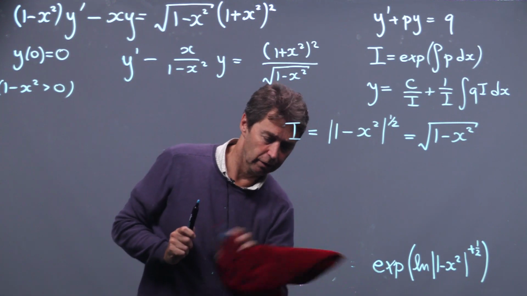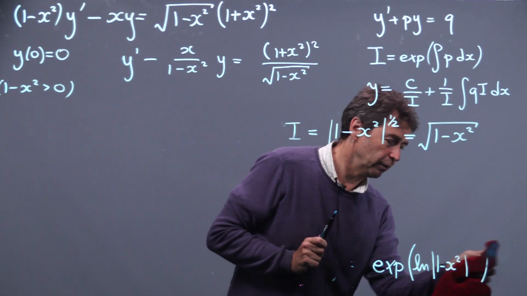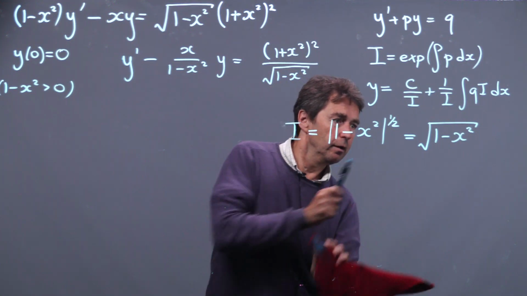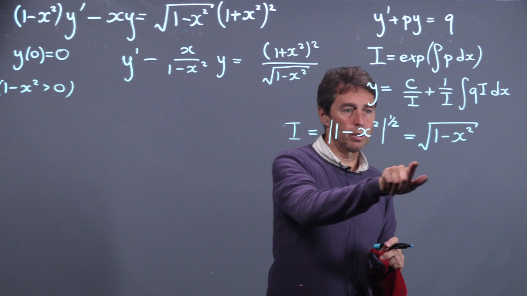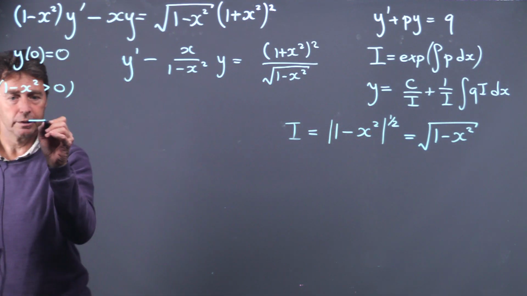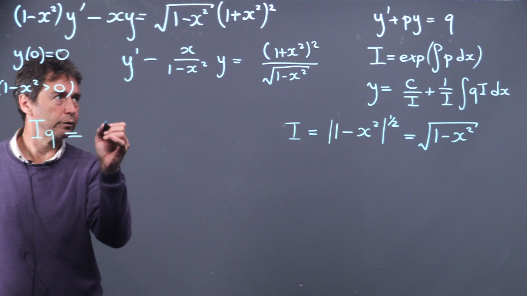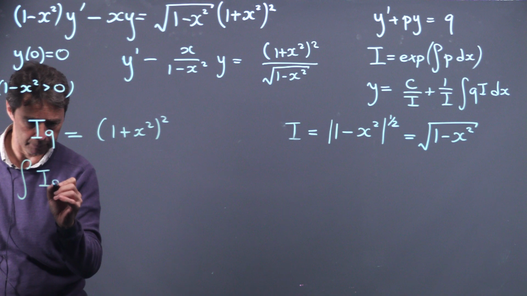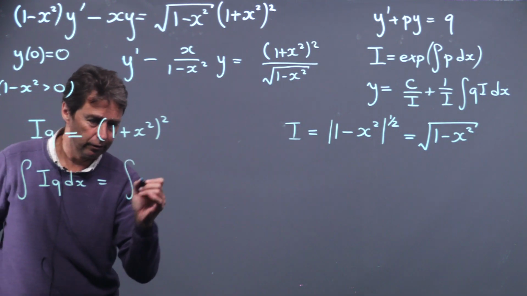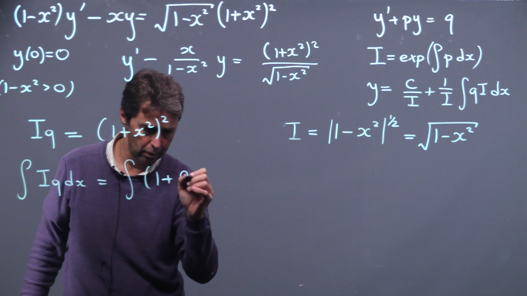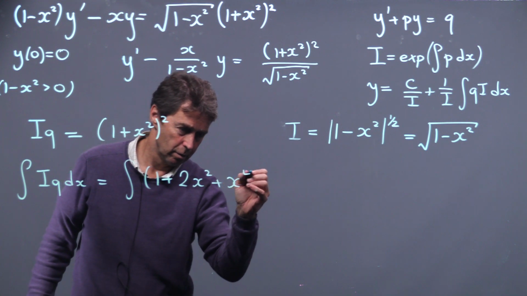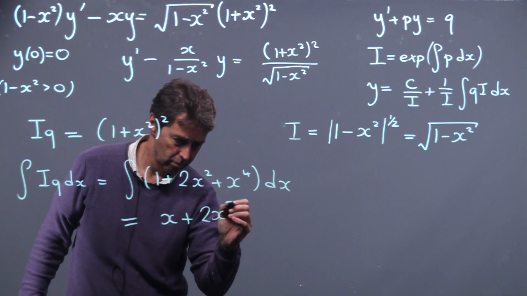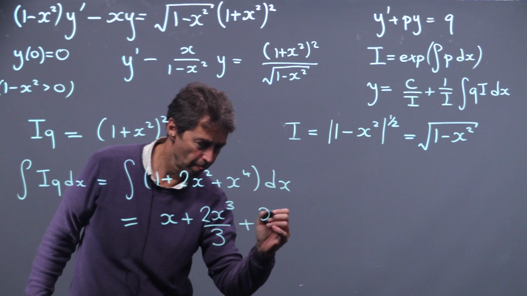Now at this stage you realize that things aren't as bad as you may have worried, because there's a 1 over the square root there in q, but when I multiply by I, I'm multiplying by the square root again. So I times q is equal to 1 plus x squared, all squared. So the integral of I times q is actually just the integral of 1 plus x squared, all squared. If I square that out and then integrate, I get the following.